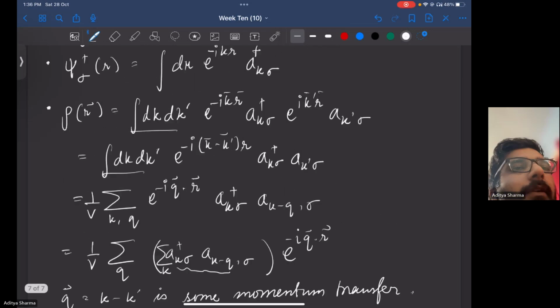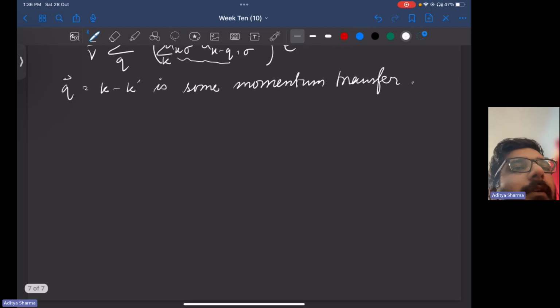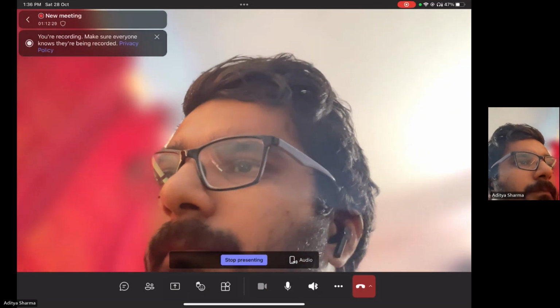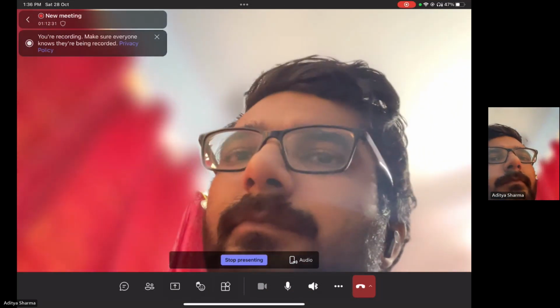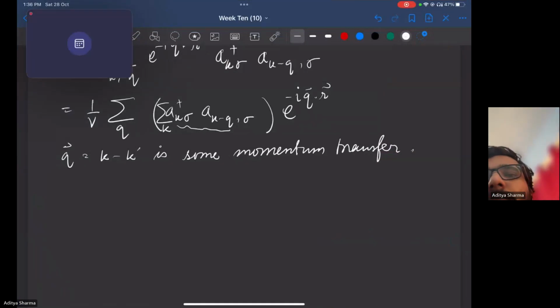Let us do a similar kind of analysis for the Coulomb interaction.